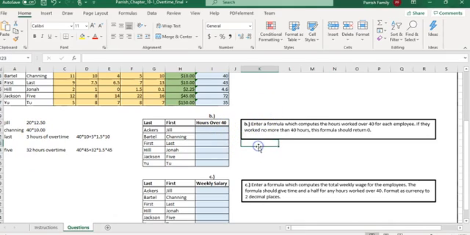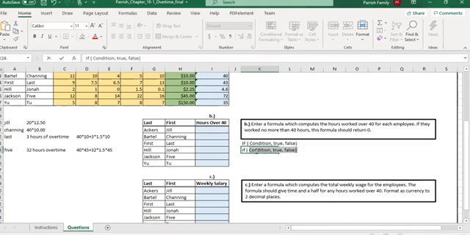The way that an if statement works is there are 3 parts to an if. There's the condition, and then there's what happens if the condition is true, and then what happens if the condition is false. So the condition is going to be if the hours are greater than 40. So that's what we want to check here.